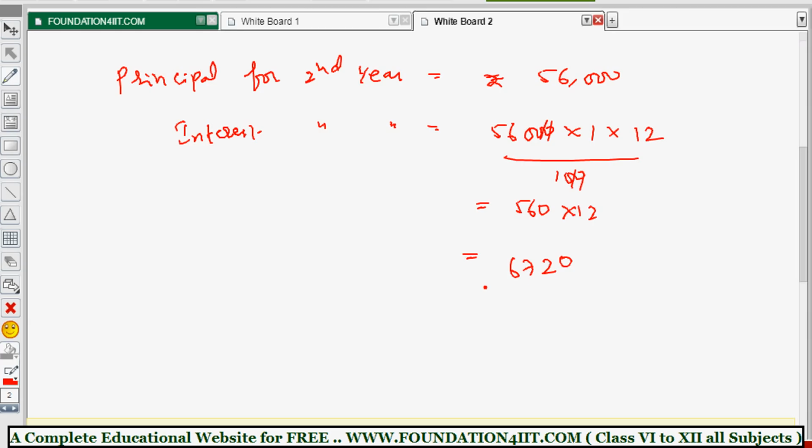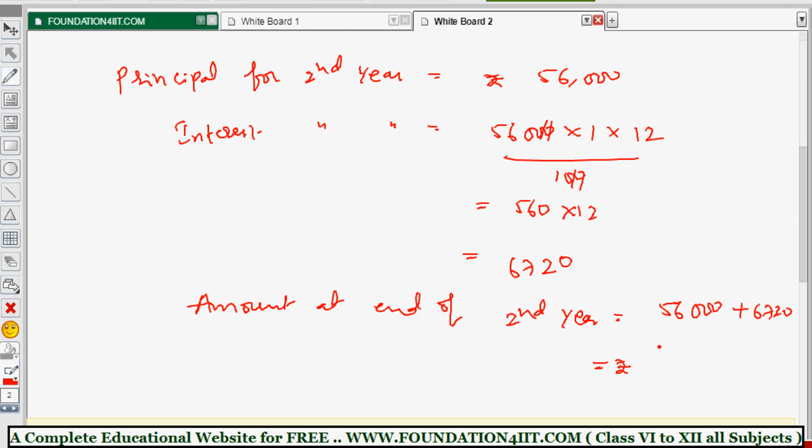So the amount at the end of the second year: the principal for the second year is 56,000 plus the interest 6,720, which is 62,720. 62,720 is the amount at the end of the second year.